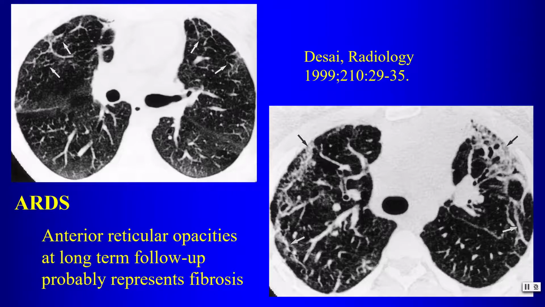So when the patient is supine, because of the gravitational dependency of the opacities, the dependent lung parenchyma is protected from oxygen toxicity, so the oxygen then goes more towards the anterior lungs, and here is where we can get a predominance of these fibrotic changes.